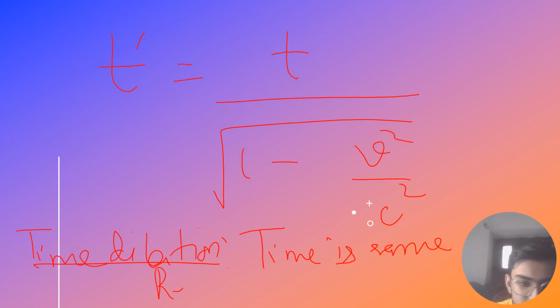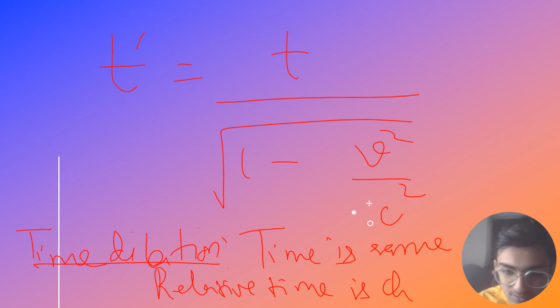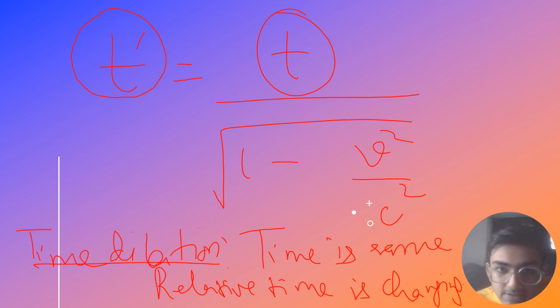Relative time is changing. Obviously time is not absolute, time is relative, but there are two types of time. This is the rest time, and this is the relative time. So this relative time is changing, but this one is constant.